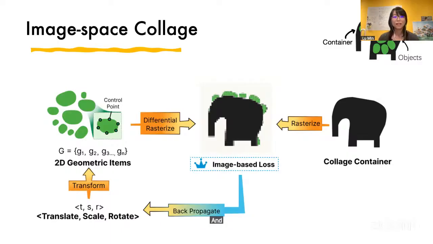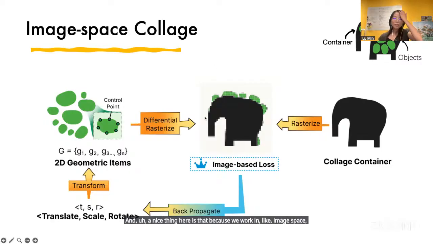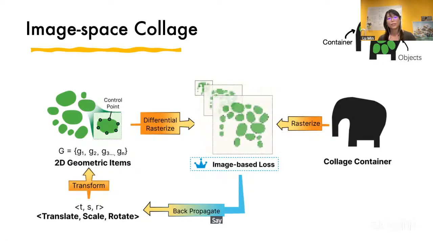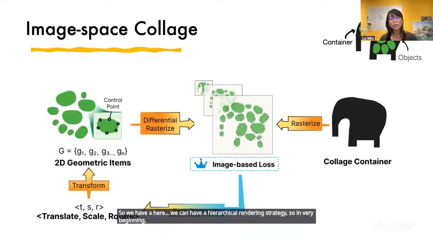A nice thing here is that because we work in image space, we can play with different resolutions of the images. Say, we can have a hierarchical rendering strategy. In the very beginning, we use a very low resolution for fast convergence, and in the end, we increase the resolution for fine tuning.